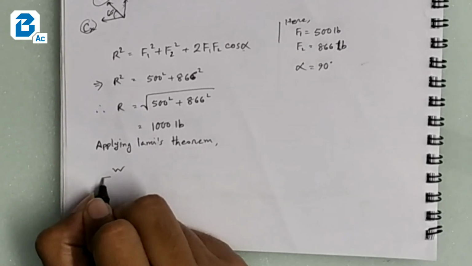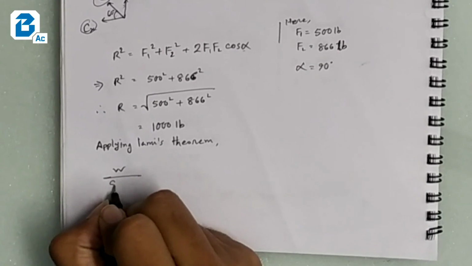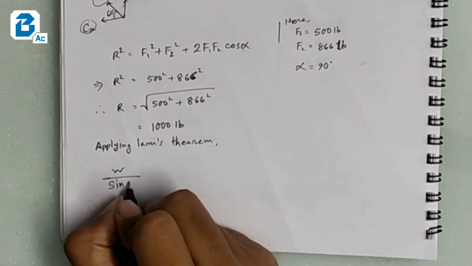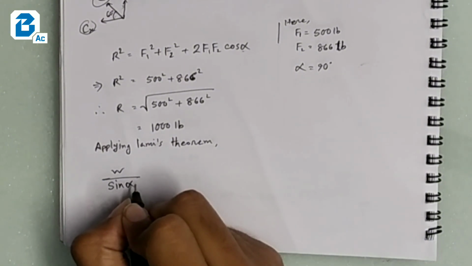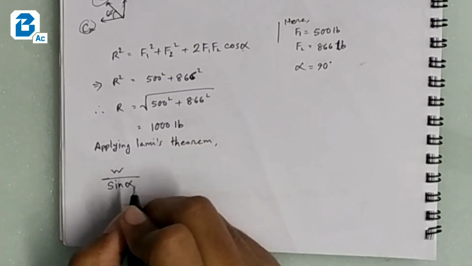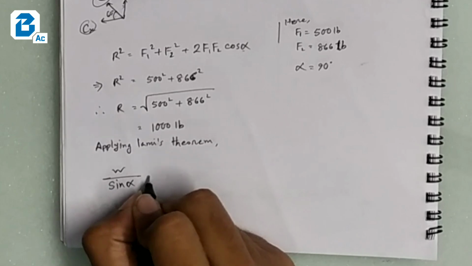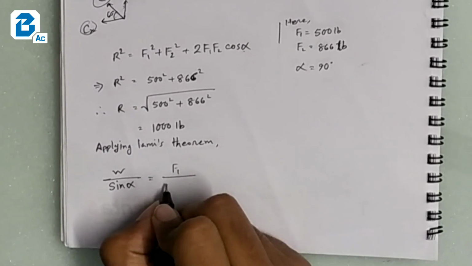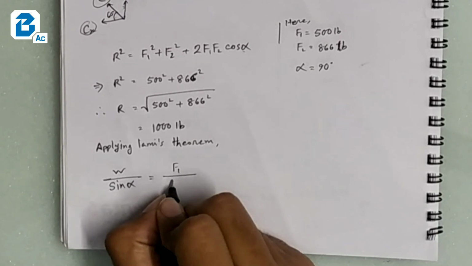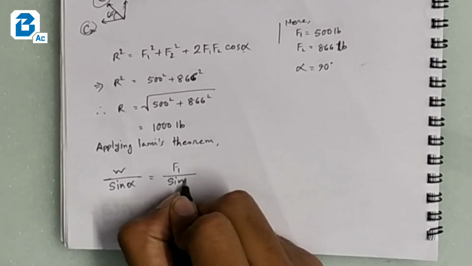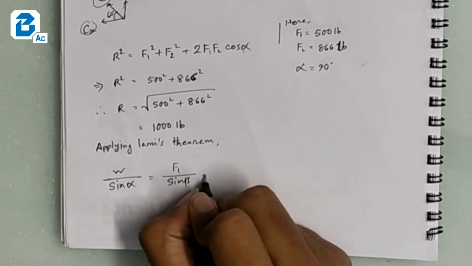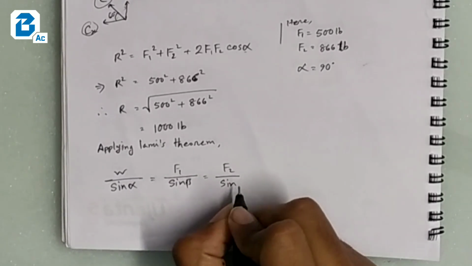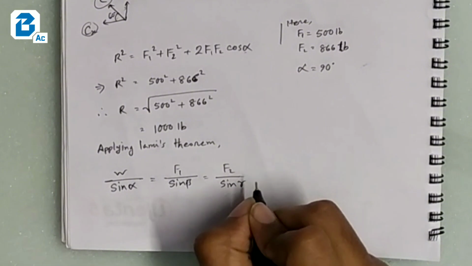W divided by sine alpha. Let's not confuse it with this one, is equal, let's take only one component, or we can write the full formula here. Sine beta is equal F2 by sine gamma.